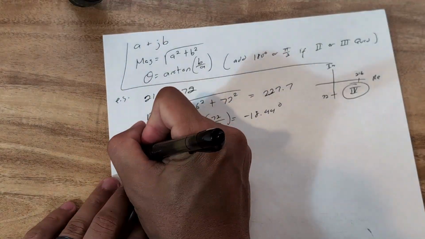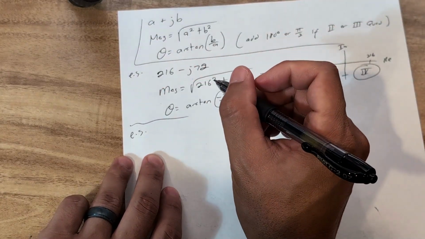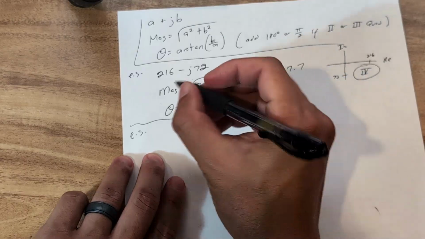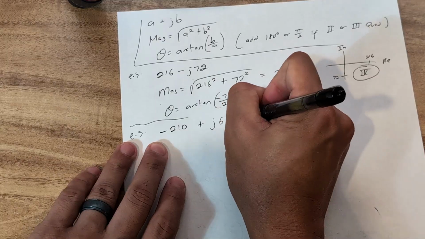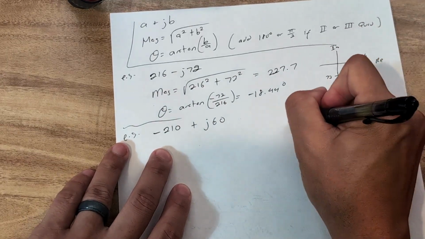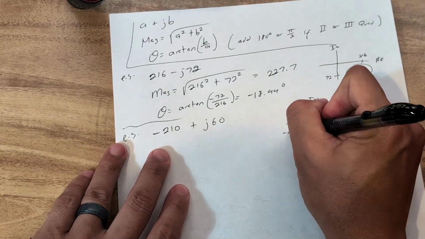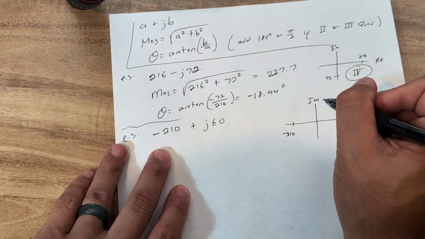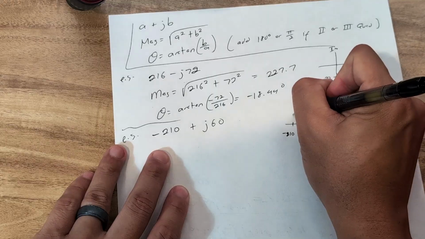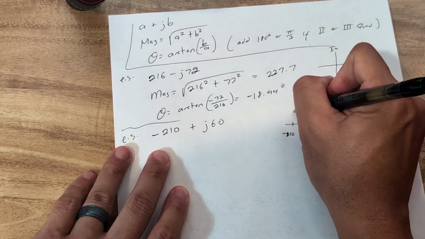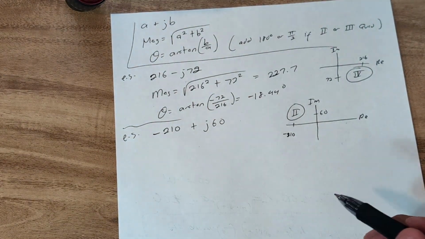Now we're going to do an example in which we'll have to add 180. This next example is going to be negative 210 plus j 60. Let's look at the real and imaginary axes. Negative 210 is over here, and 60 is over here. So this is going to be in the second quadrant, so we will need to add 180 whenever we do our arctangent to find the angle.